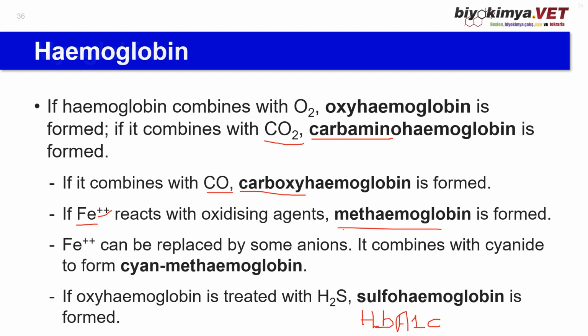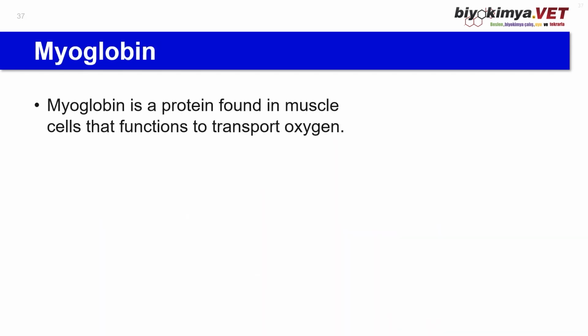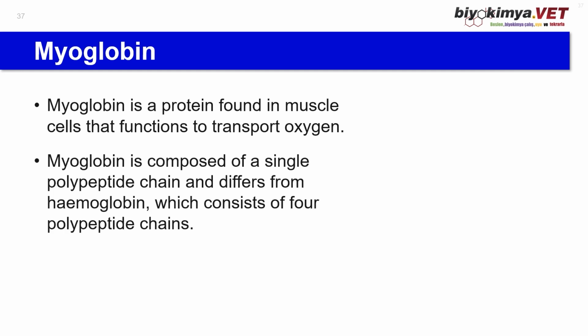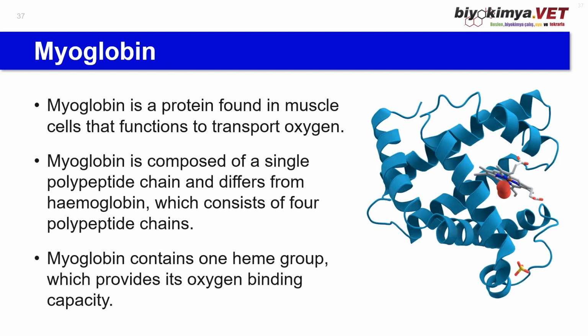to tissue. Myoglobin. Myoglobin is a protein found in muscle cells that functions to transport oxygen. Myoglobin is composed of a single polypeptide chain, which differs from hemoglobin, which consists of 4 polypeptide chains. Myoglobin contains one heme group, a single polypeptide chain and a single heme group, which provides its oxygen binding capacity.